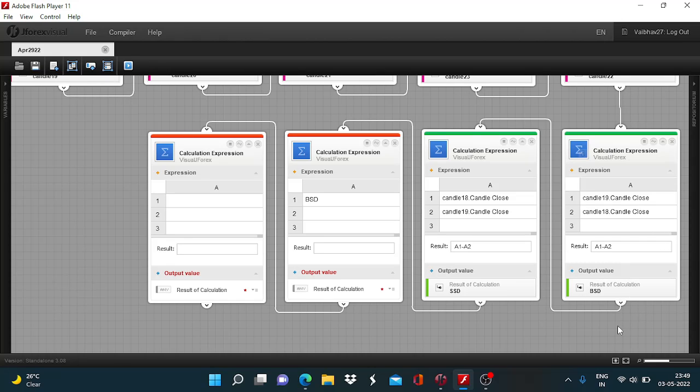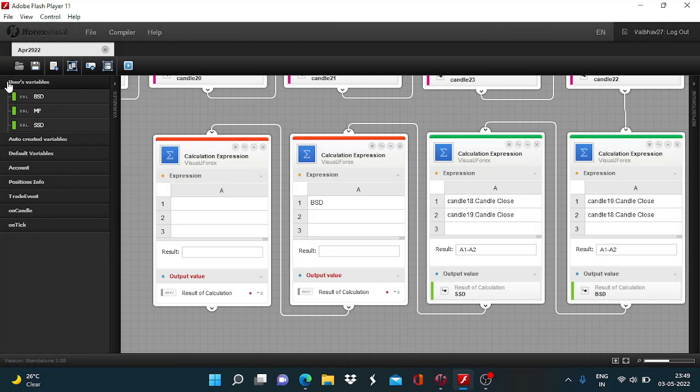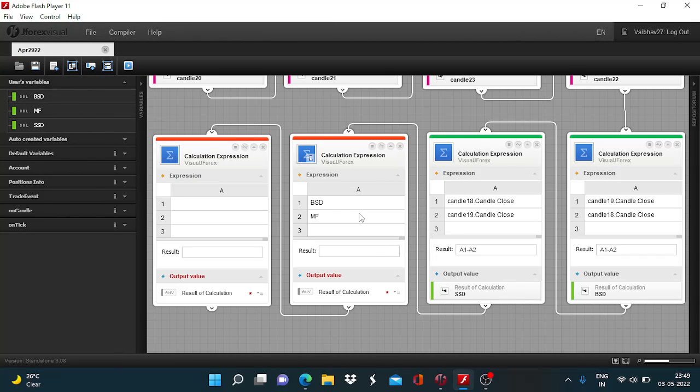So here we have this buy side difference, which I will multiply with 8. So this is going to be A1 into A2.